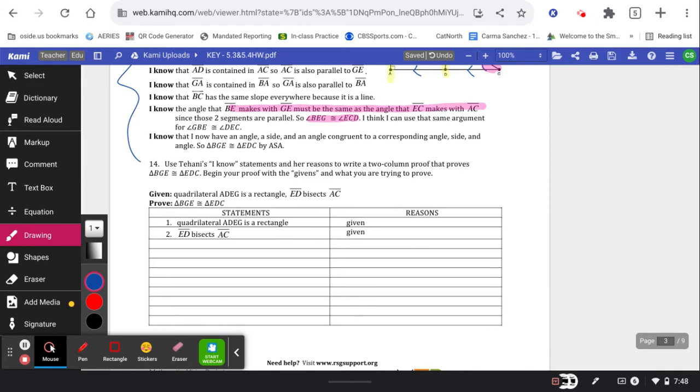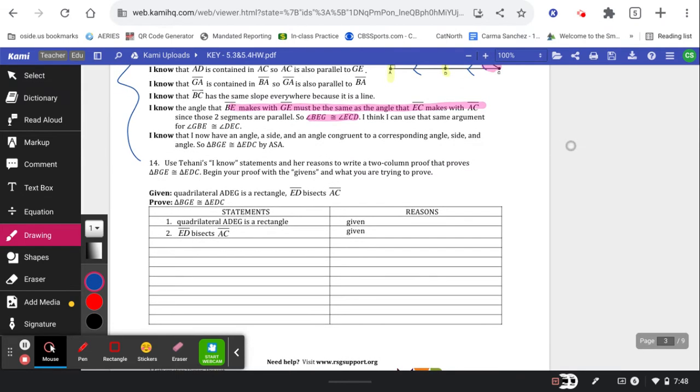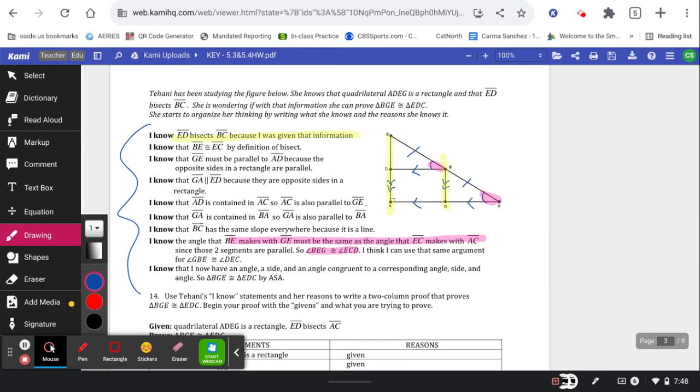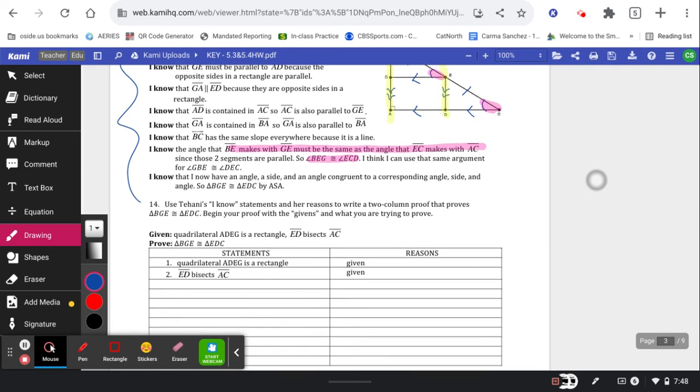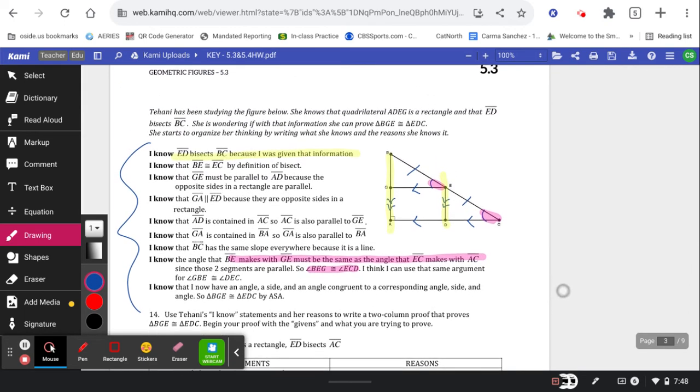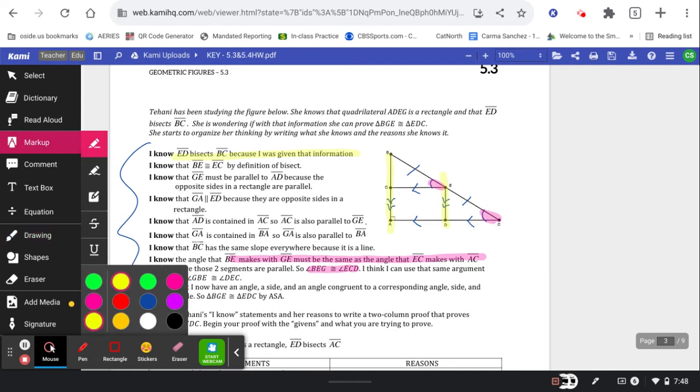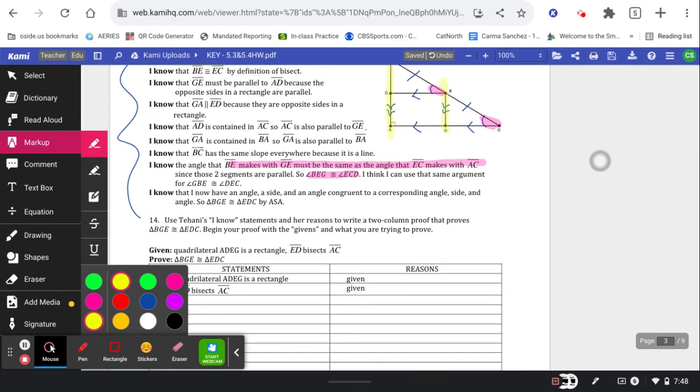Use Tehani's I know statements and her reasons to write this into a formal 2-column proof that proves the triangles congruent. Begin your proof with the givens and what you're trying to prove. So the quadrilateral is a rectangle, given. ED bisects BC was given. And then she's wondering if she has enough information.